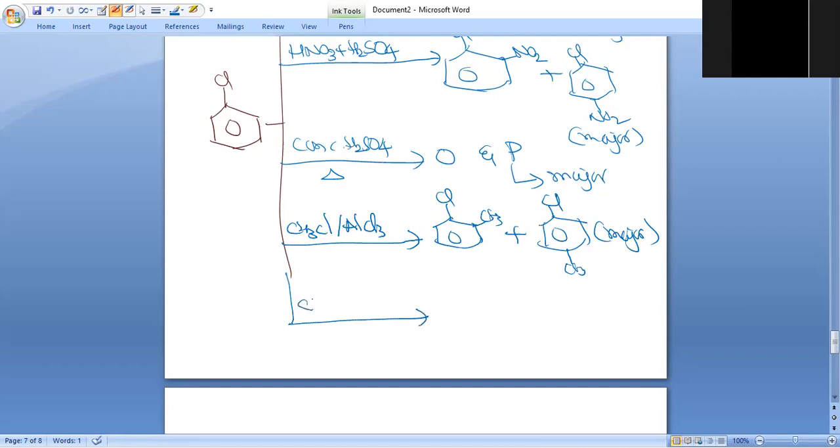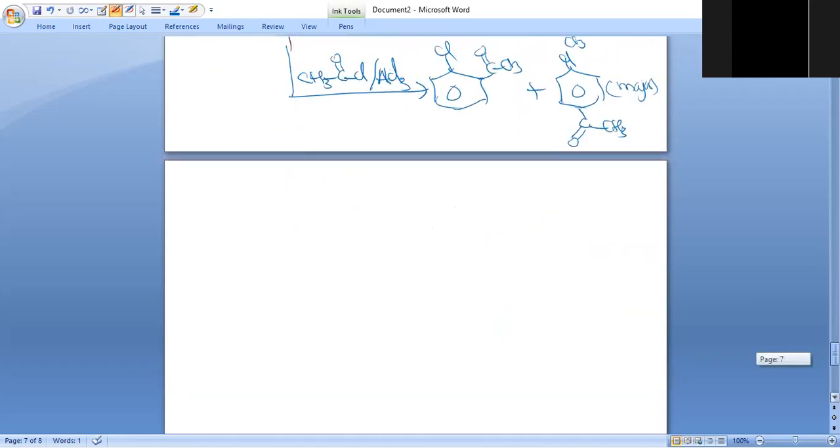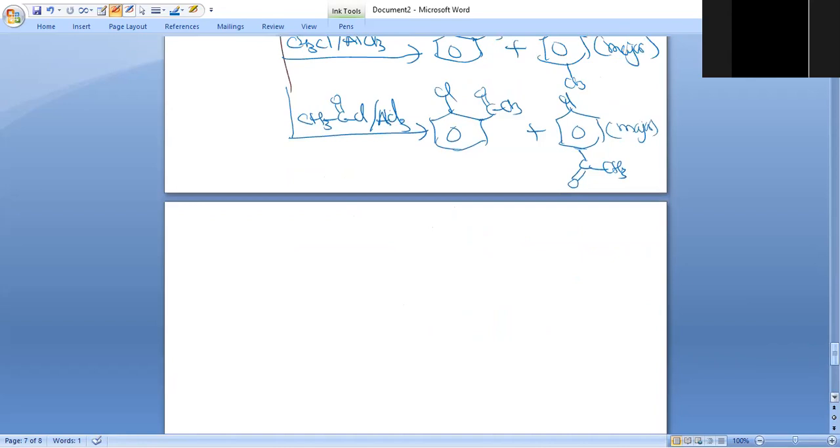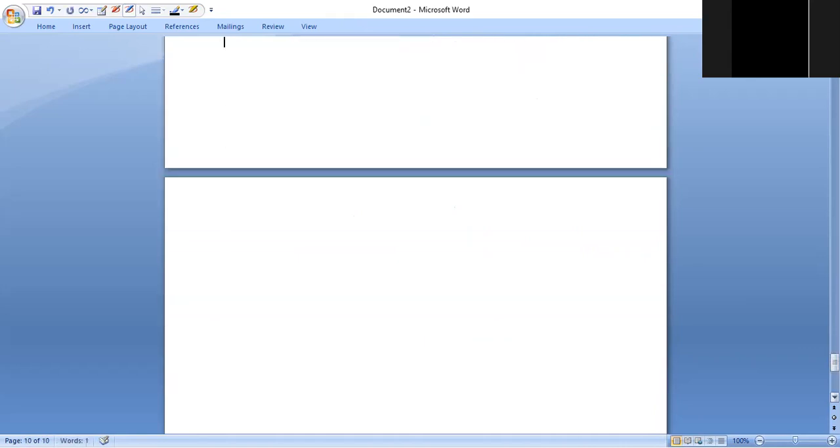Next one, if I'm taking CH3COCl acylation, Friedel-Crafts acylation, again I will get an ortho product, C double bond O CH3, and a para product. Always para will be major. These are electrophilic substitution reactions. Clear this point?